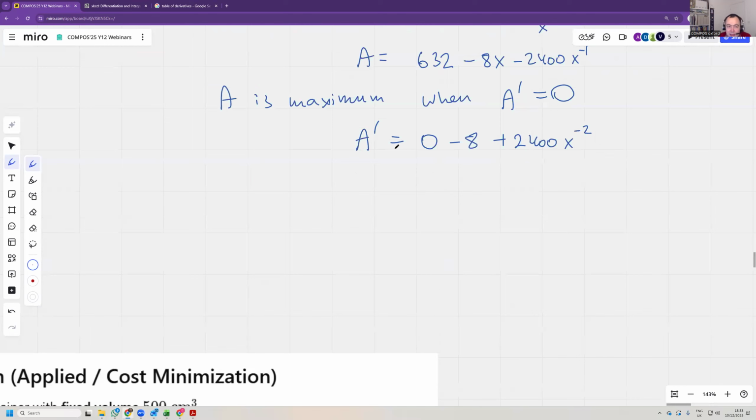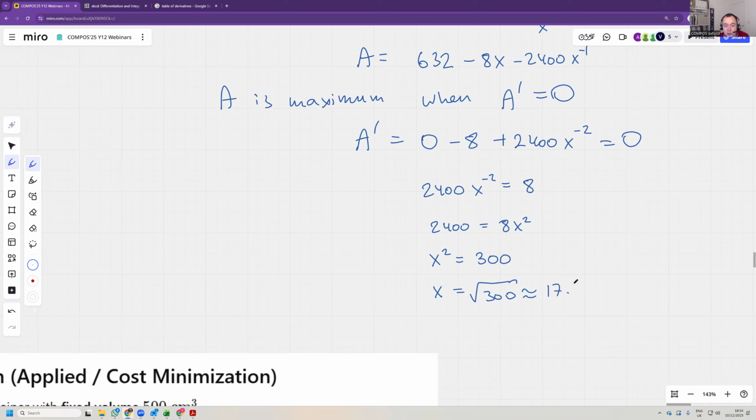And that's equal to 0. So we have 2,400 x to the power minus 2 is 8. So 2,400 is equal to 8x squared. x squared is 300. x is square root of 300, which is approximately 17.3.